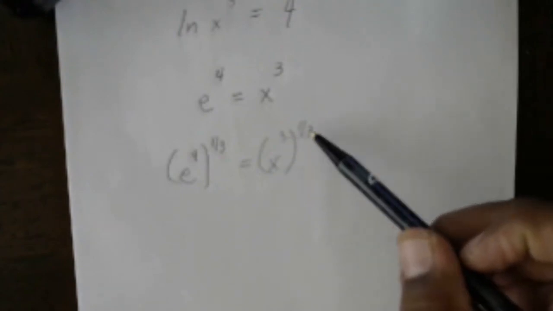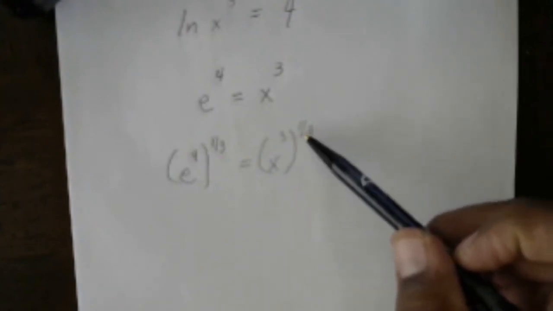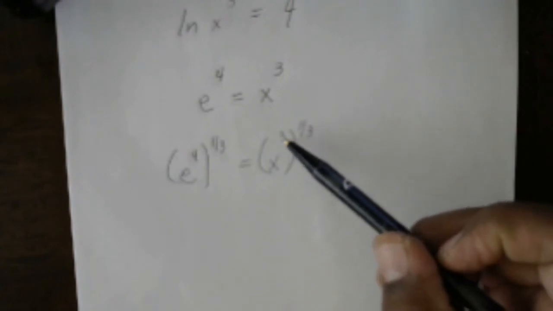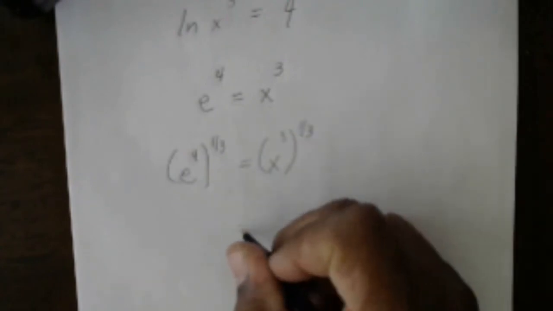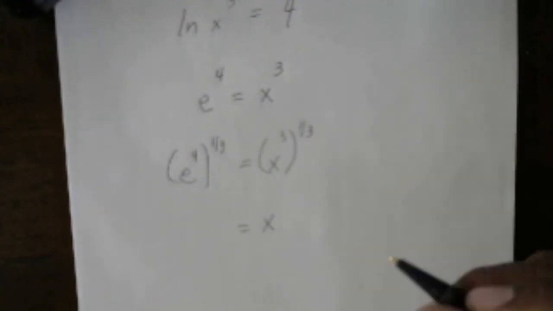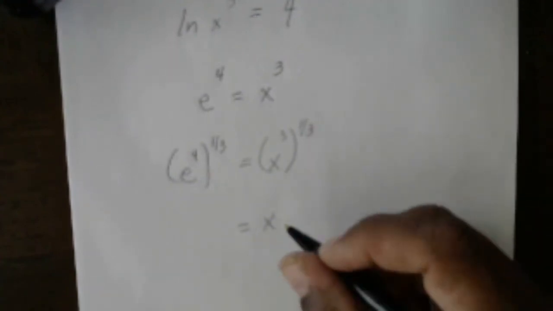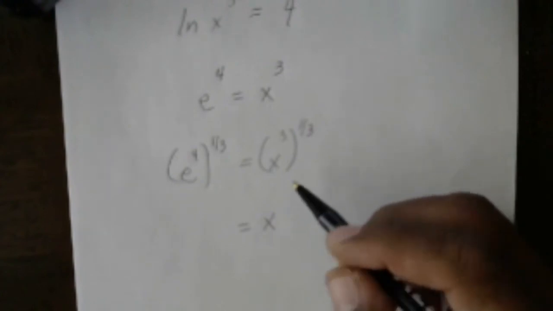Because when I raise a power to another power, my operation is to multiply. So if I multiply 3 times 1/3, I get 1, which is x to the first power, which is what I'm trying to solve.